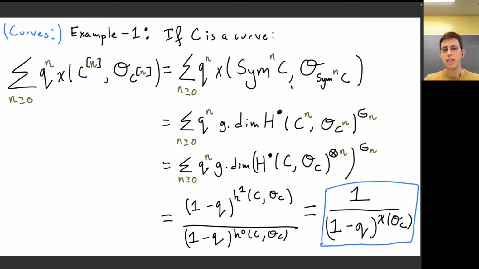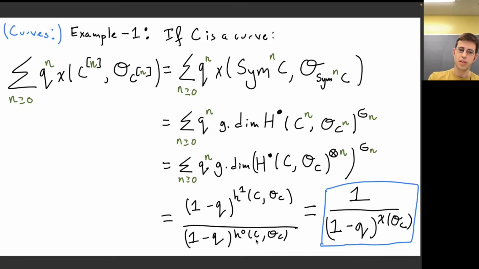And then I want to take some kind of graded dimension, which records the even dimensional cohomology with a positive sign and the odd dimensional cohomology with a negative sign. But this complex is the same as an n-fold tensor product of the same complex just for the curve itself. And so what this series ends up recording is the graded dimension of a polynomial ring modeled on the graded vector space given by the cohomology of the structure sheaf of the curve.